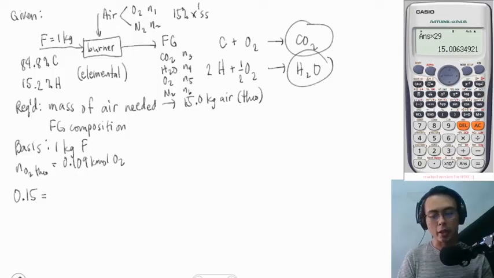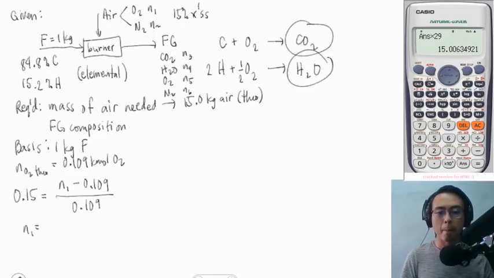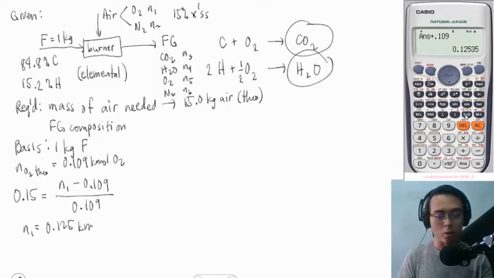So going back to the percent excess, that's 0.15 is equal to the amount of oxygen fed, that's N1, minus the oxygen theoretical, 0.109, over 0.109. We now solve N1 as 0.15 times 0.109 plus 0.109. 0.125 kilomoles of O2 fed.